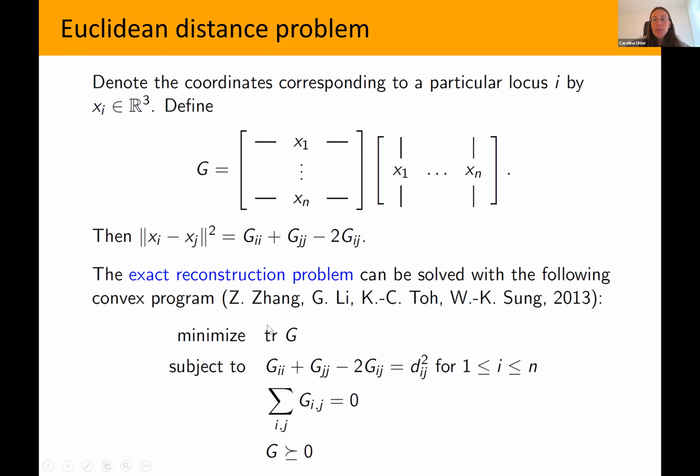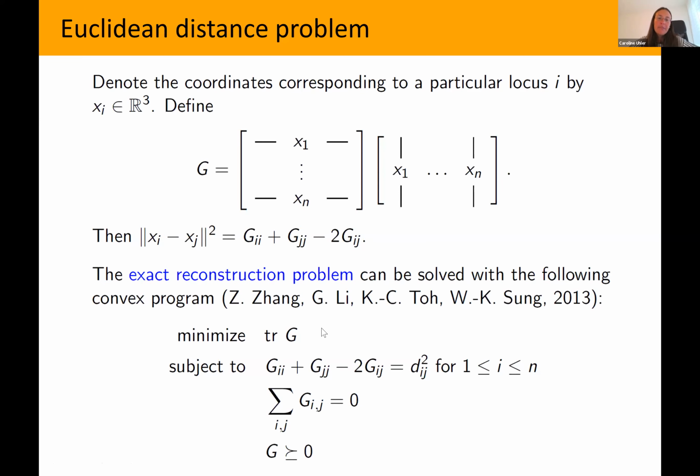And in fact, it is known, and this is really nice work, that you can exactly reconstruct it if there is no noise using a convex relaxation. Although it is a convex relaxation, it will actually provide you with the correct, unique 3D configuration of these points. So what you do is instead of looking for just a rank 3 matrix, you can actually just minimize the trace of this matrix.